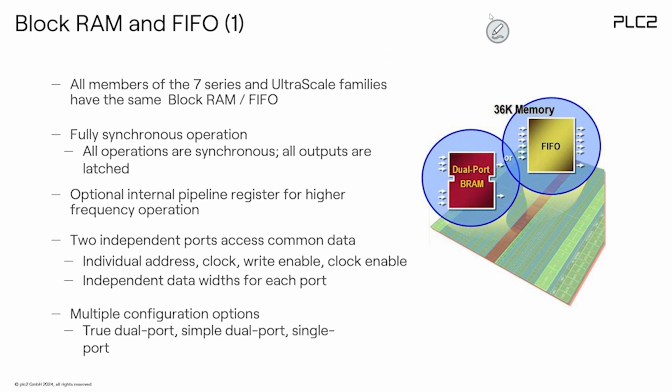block RAM. So we do have some block RAMs and some FIFOs in our design. These can be used to store data, one with a RAM approach and one with a FIFO approach.